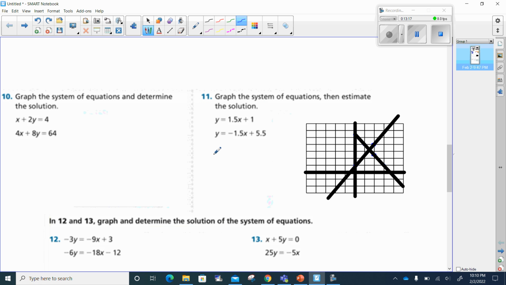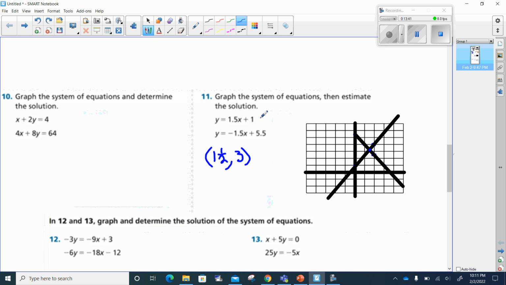That's what I would guesstimate. 1.5 for x, and then 3 for y. In all actuality, when I look at this dot, it looks to be a tiny bit higher than the line. So it's probably going to be a little bit higher.